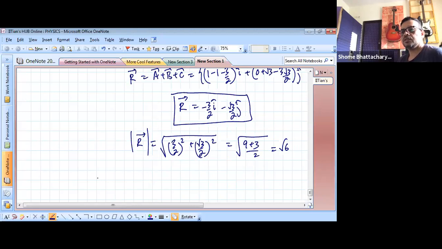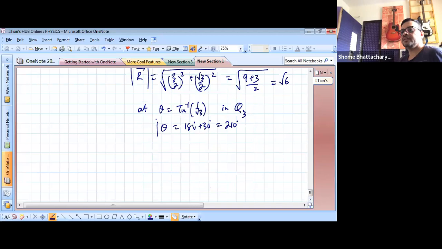And also you can see that the resultant will be at theta equal to tan inverse of 1 by root 3, but in quadrant 3, because both the x and y components are negative. So that will become 180 plus 30, or 210 degrees. So the resultant is making an angle of 210 degrees with respect to positive x-axis.